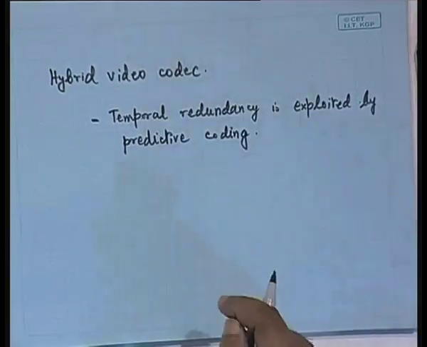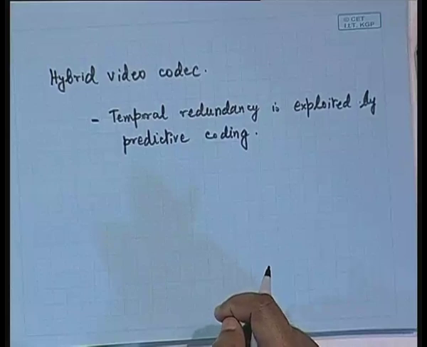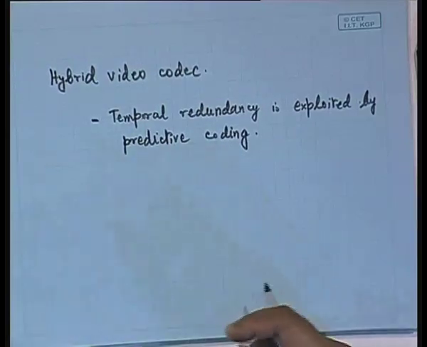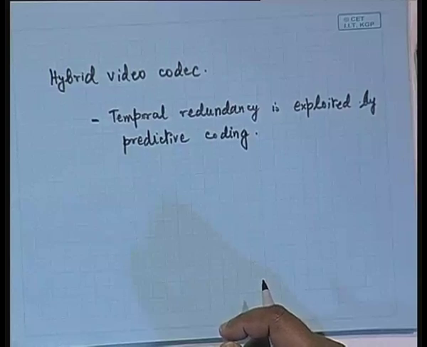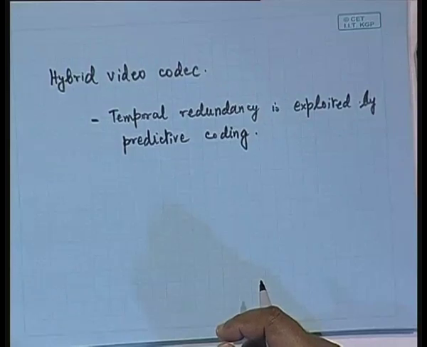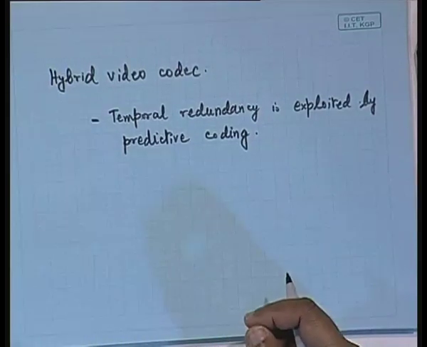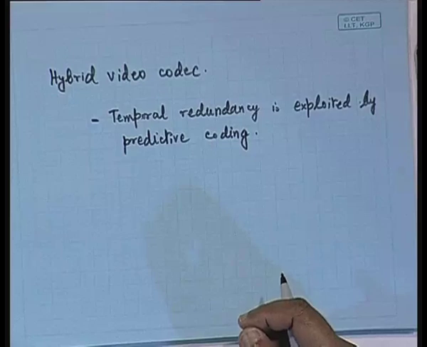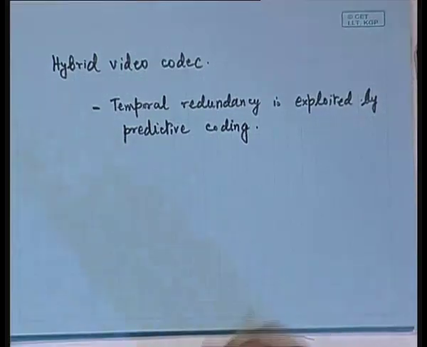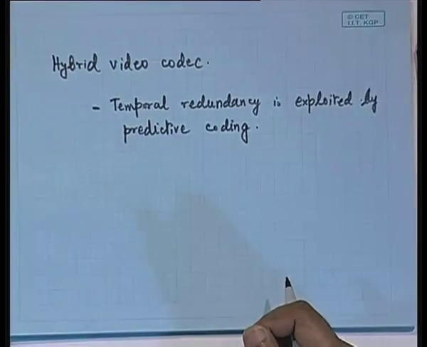Now, how would you perform a predictive coding? If you are accepting the video sequence, then successive frames are coming, and if you have a memory to store the past frame, then you can make use of the past frame to predict what the present frame is going to be.